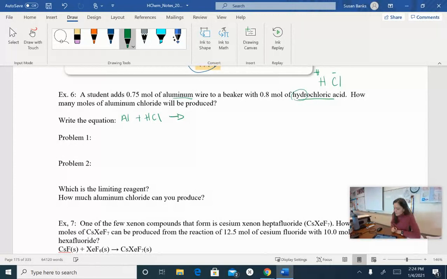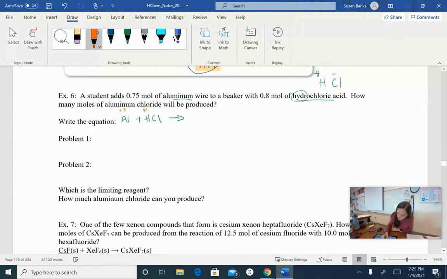Now, how do I predict the products? If I remember, aluminum is a +3, hydrogen is a +1, and chloride is a -1. Remember, positives replace positives and negatives replace negatives, so the aluminum and the hydrogen, being both positive, are the ones that switch.